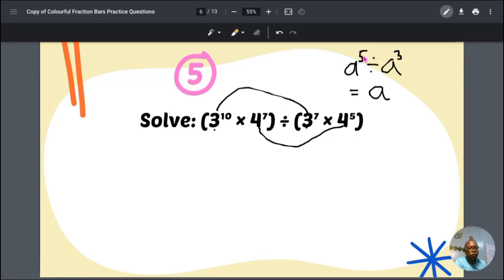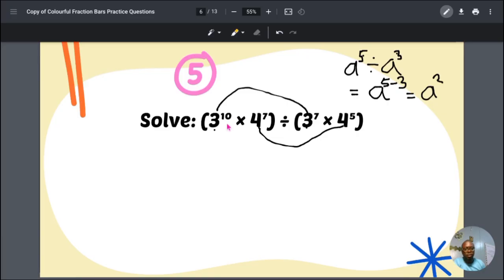Now 5 and 3 will subtract each other. The reason they will subtract is because there's a division here. If it is a multiplication, you do an addition for the powers, but it is a division, so you do a minus. So 5 minus 3. So my answer is going to be a raised to power 2.